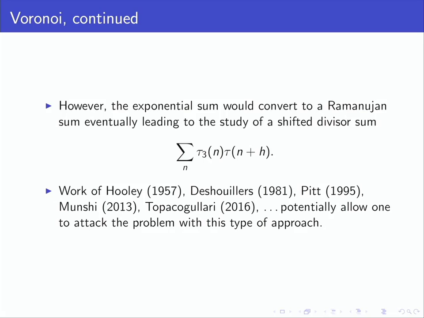And there's recent work that does exactly this tau 3 of n, tau of n plus h, and gets a powerful spectral expansion of this. I probably got the name wrong, pronounced wrong. And so it seems that you could probably attack this problem using these techniques if you wanted to. But I want to talk about a different approach.